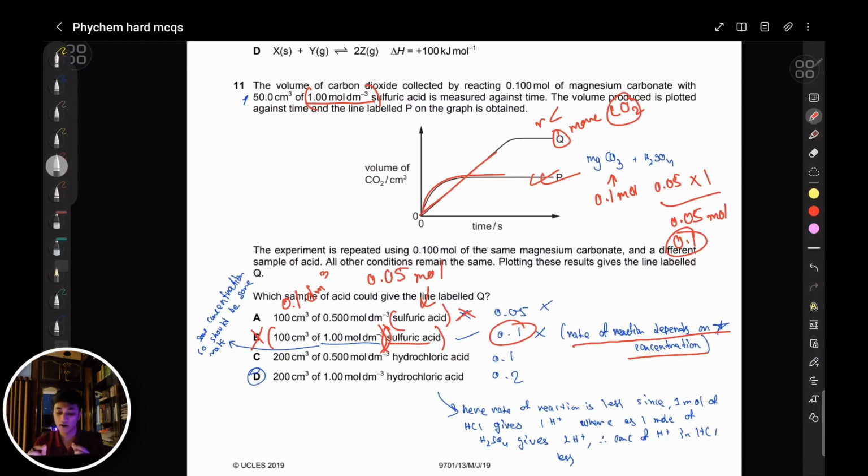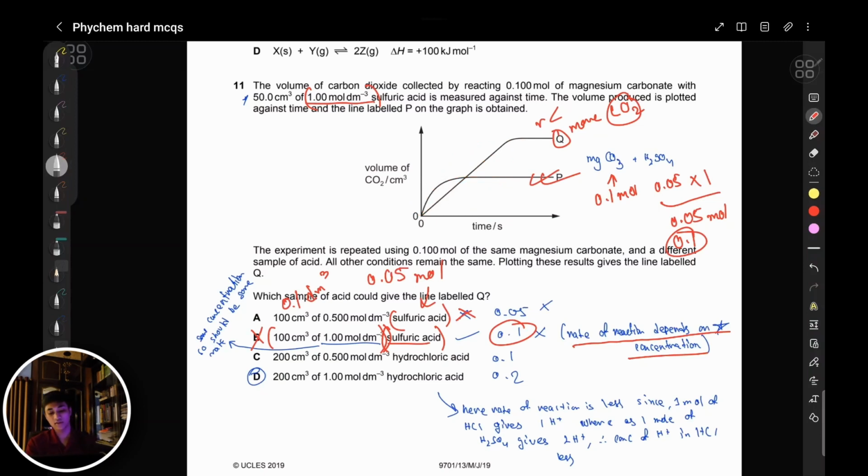You need a different reactant or a different concentration. Either of those two has to be different for you to get a different rate of reaction. So B is not going to be the option.